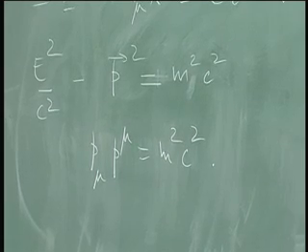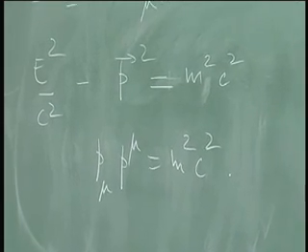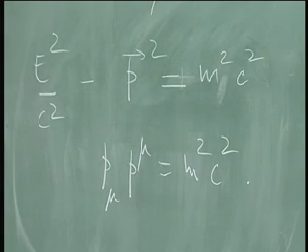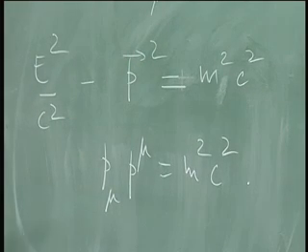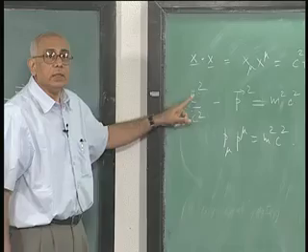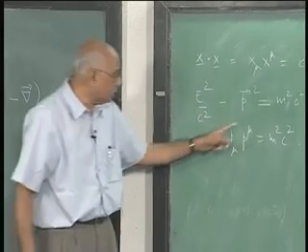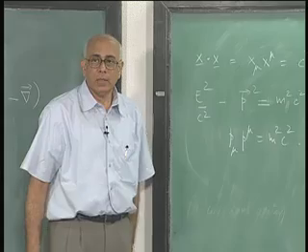That is the correct energy-momentum relationship for a free particle, written in manifestly covariant form. p^μ p_μ is a Lorentz scalar, so it is exactly the same in all frames of reference, and its numerical value is equal to the square of the mass multiplied by c². So this is the covariant way of writing this, namely the way that shows explicit Lorentz invariance, because this here is a Lorentz scalar.